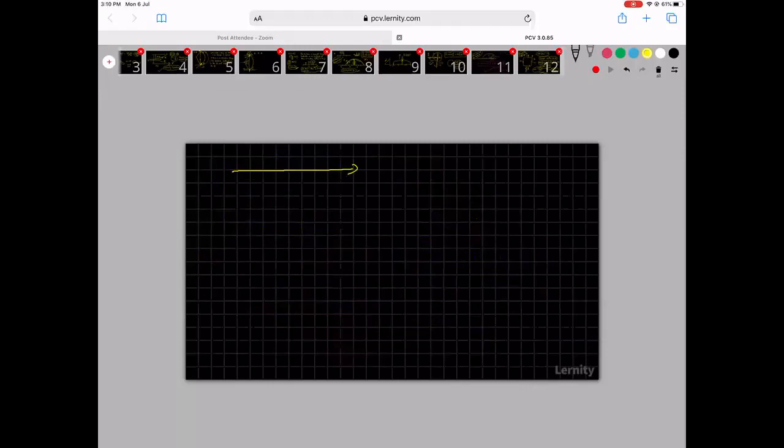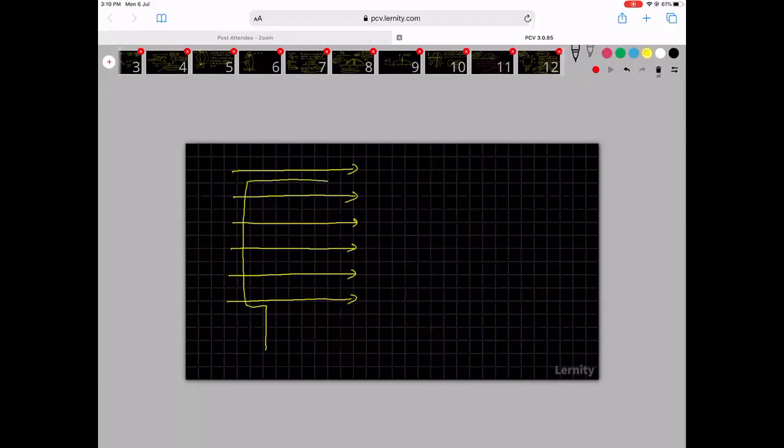This is the magnetic field. Now, this is a rectangular loop present in that. It is carrying a current. Look at this loop.